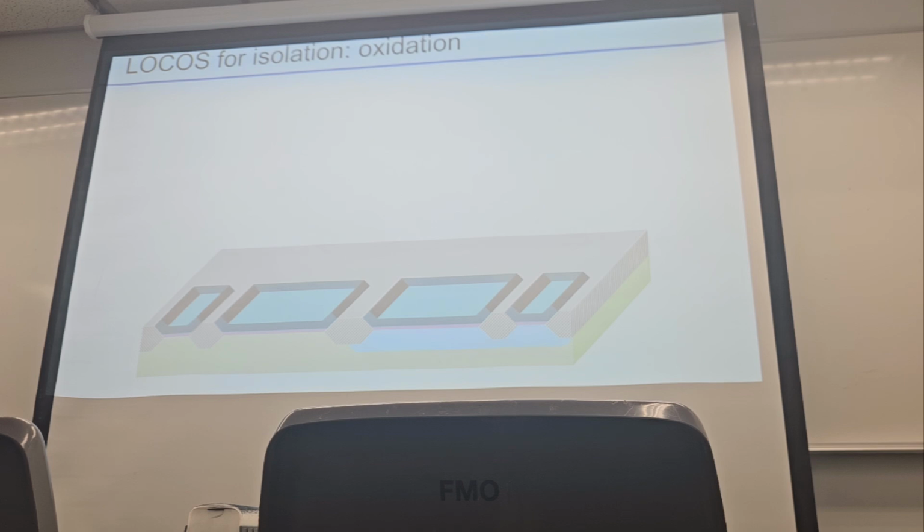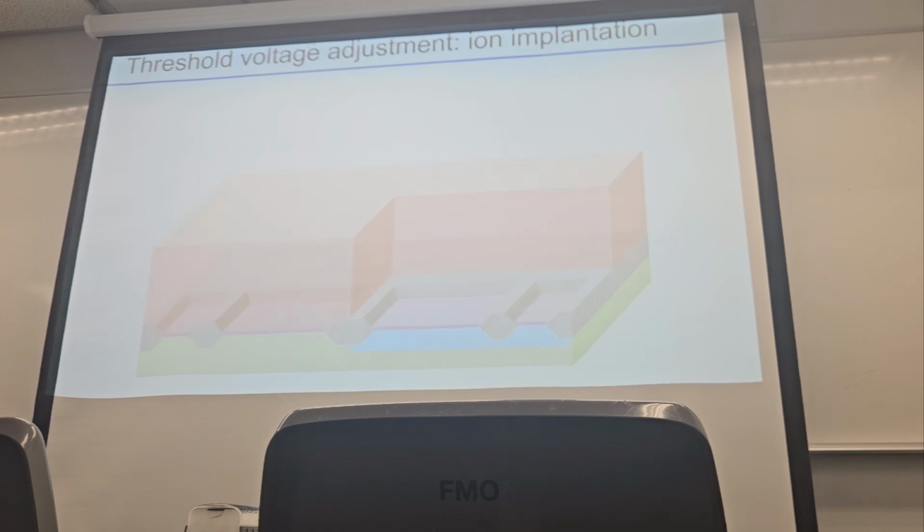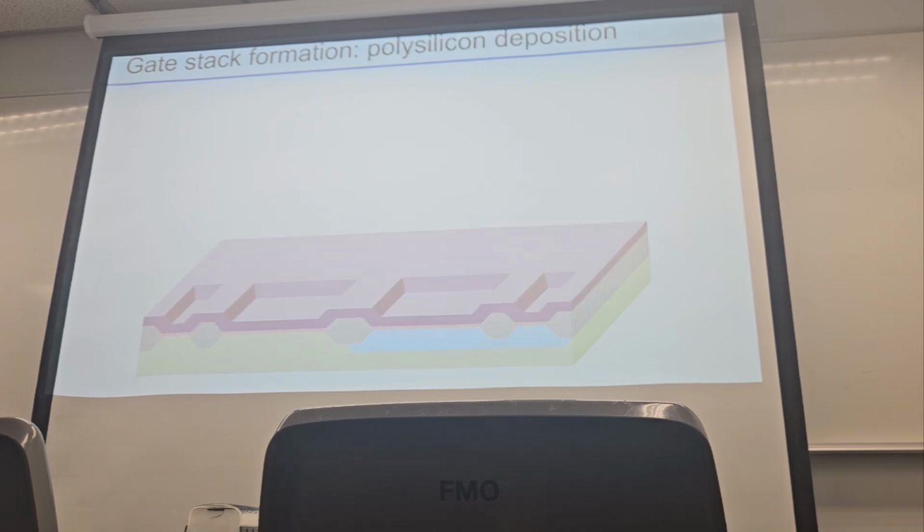But for the silicon nitride, we can use the PECVD method, which can be done at low temperature and with a faster deposition speed compared to the silicon dioxide oxidation. Okay, so after oxidation, we use the polysilicon.